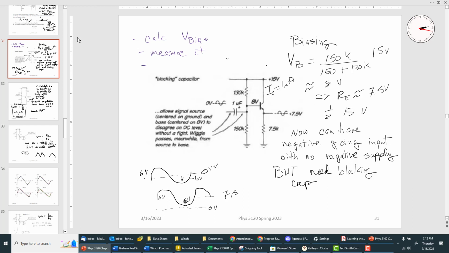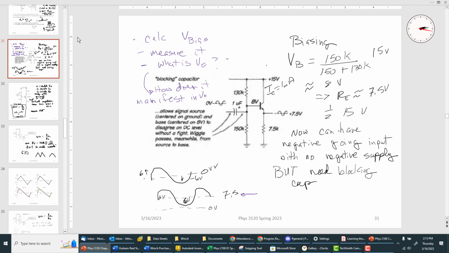Then you can say what is VE, and how does it manifest in the output, in V out. And essentially, it's going to move the center point up.